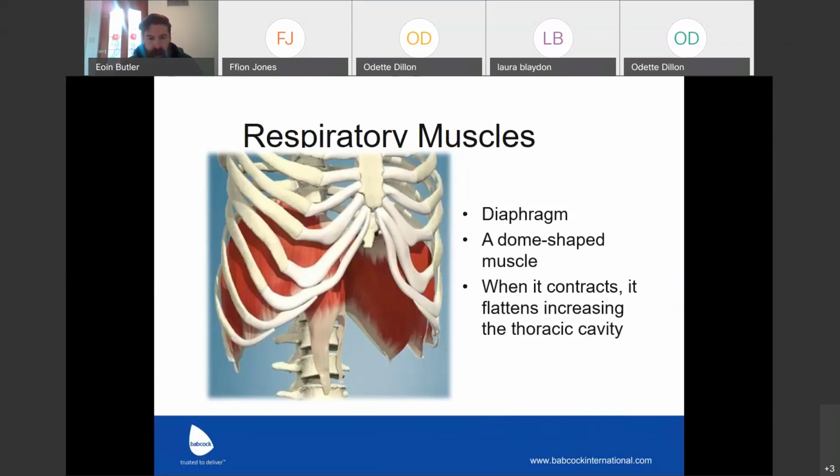So to pull air in, what we're looking to do is to increase the space within the thoracic cavity. As we can see in the diagram, the dome-shaped diaphragm, when it contracts, will flatten, so it increases that space. That space needs to be filled, so air is pulled in through the nose and the mouth to fill up the lungs.